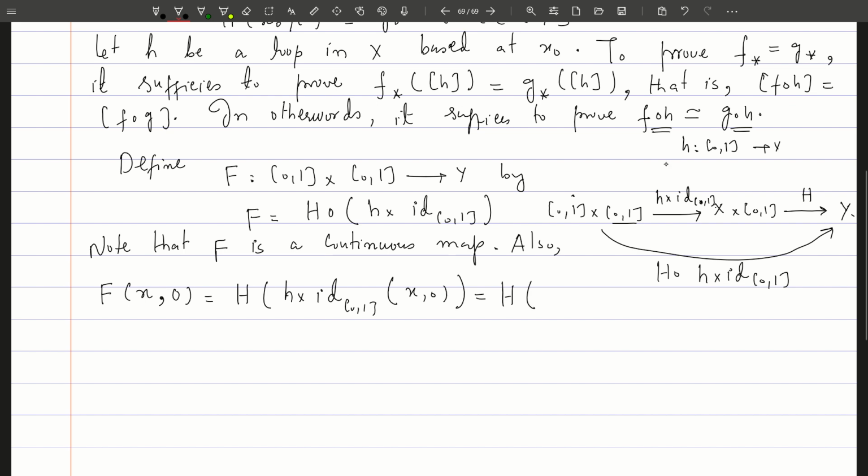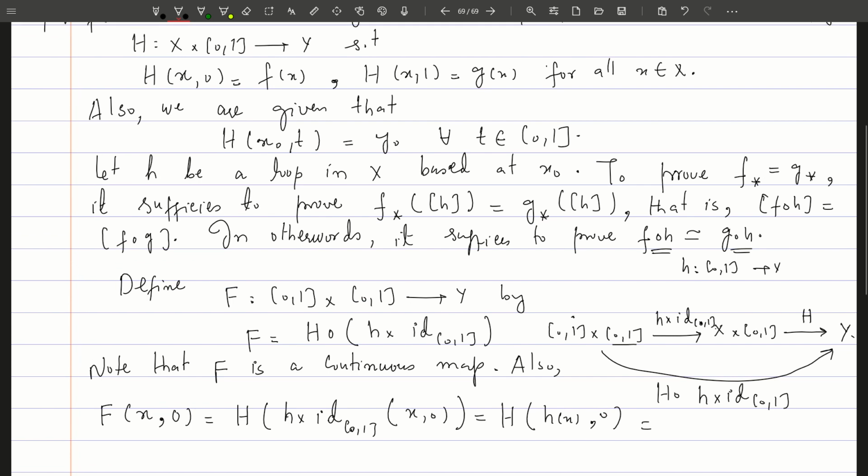So this h takes the point x to h(x), and the identity map on [0,1] takes 0 to 0, but H of (h(x), 0) is the same as f of h(x), which is f composite h of x.